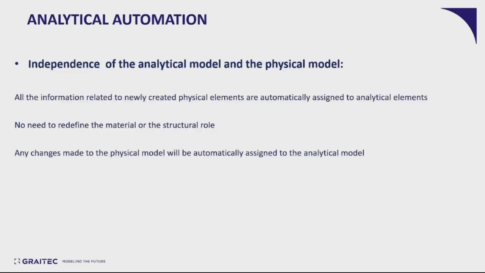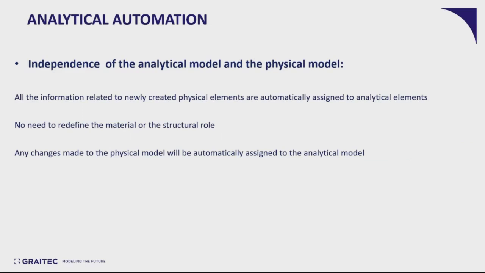The analytical automation can be summarized by the following statement: it is the independence of the analytical model and the physical model. All the information related to newly created physical elements is automatically assigned to the analytical elements. There is no need to redefine the material or the structural role of any analytical element.